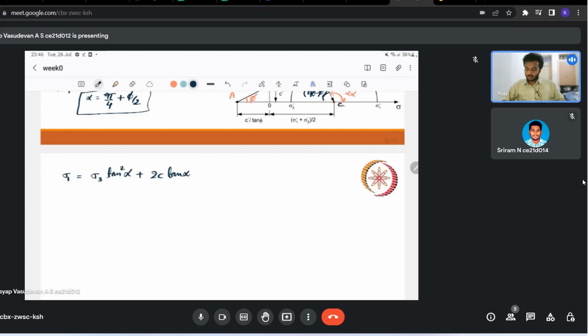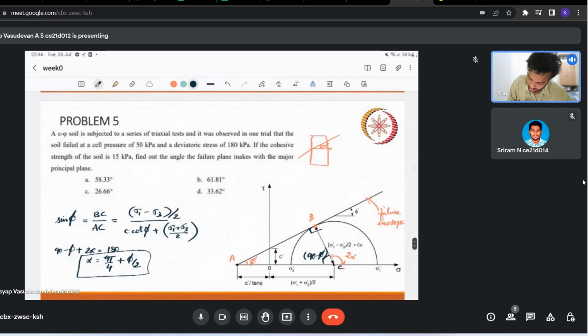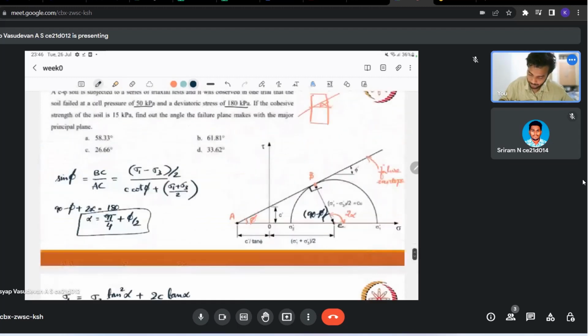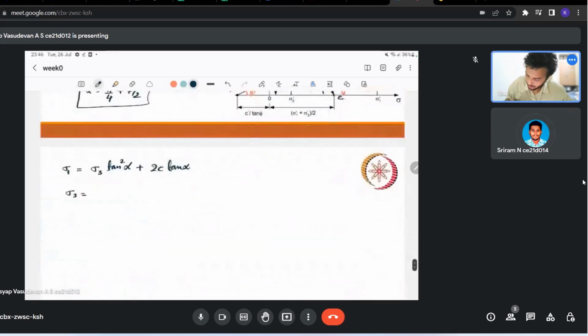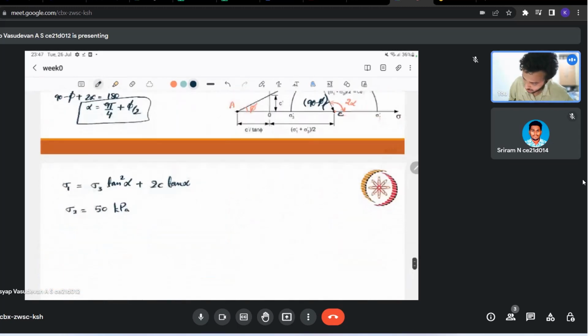So in the question we are given sigma 3, which is the cell pressure, and deviator stress sigma d. So we know that sigma 3 is equal to 50 kPa, and deviator stress sigma d is 180 kPa. So do you know how to arrive at the major principal stress?